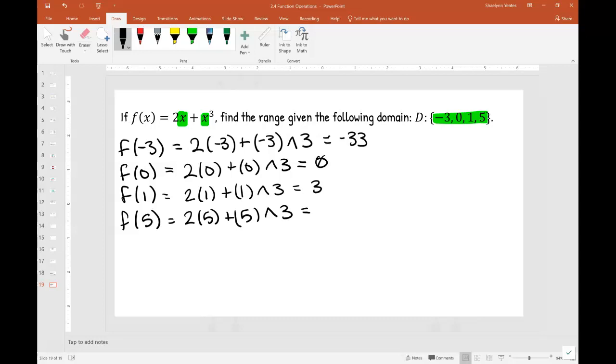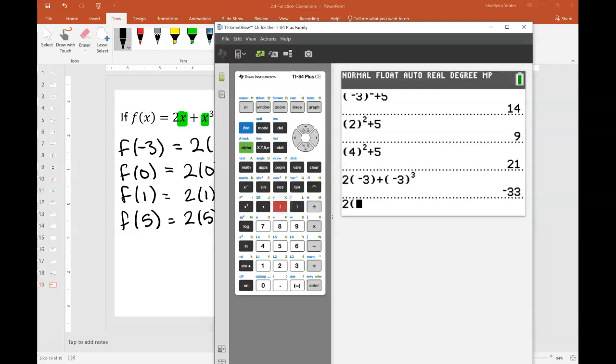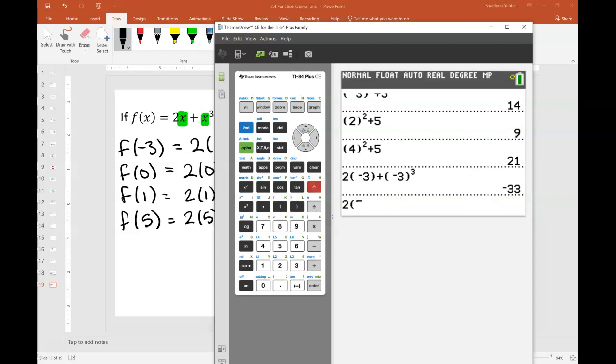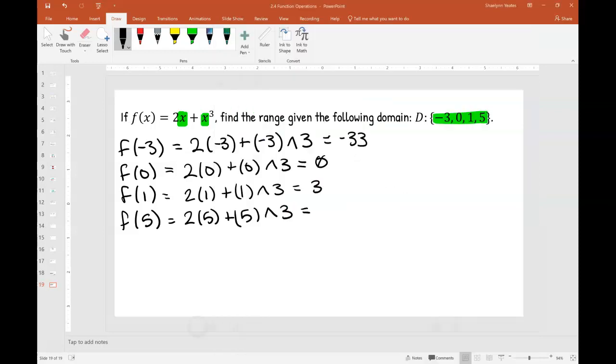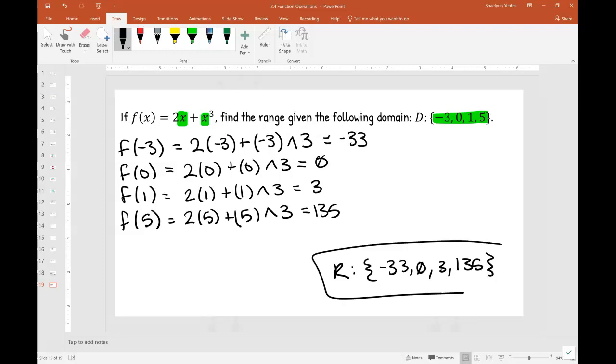I pull out my calculator, and I get 135 this time. So that means my range is going to be negative 33, 0, 3, and 135. And luckily for me, the range was actually in order this time.